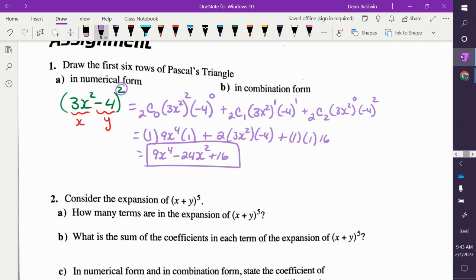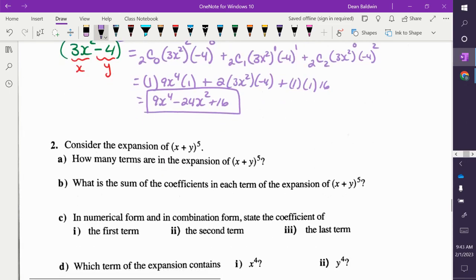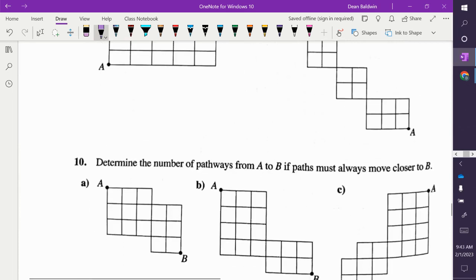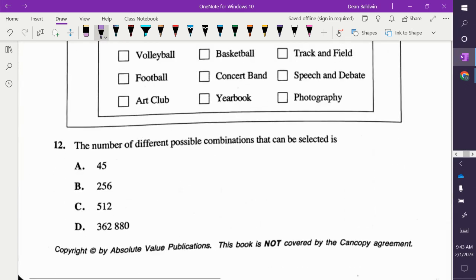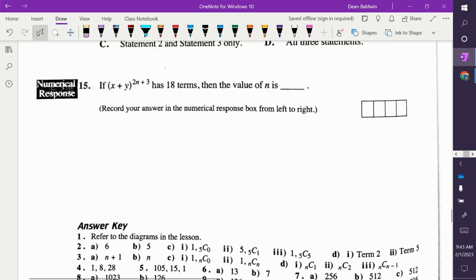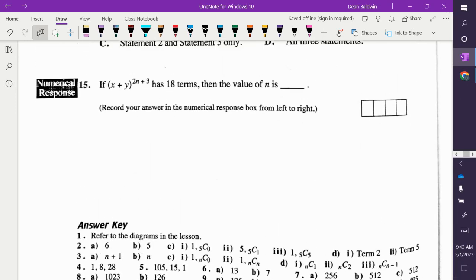I like 8. 8's hard enough that you can do it on your own, but. All right. Where am I going to do it? Where are you going to do it? Is there a blank spot anywhere? Oh, right under the answer key, 15. Can we do it there? Or right above the answer key?